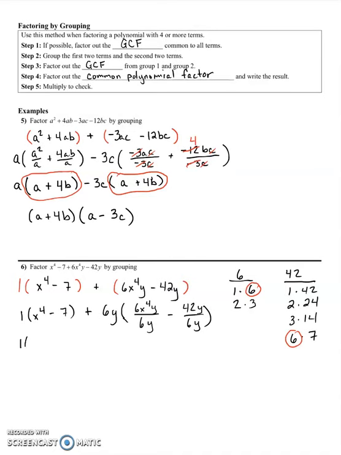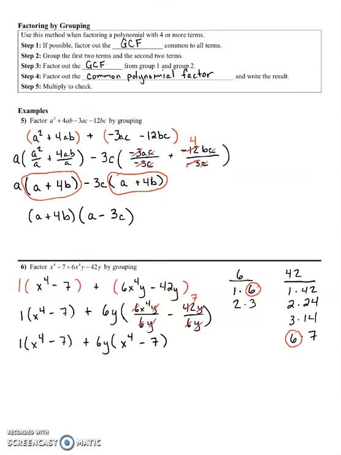Again, we can't do anything to that first term yet. Simplifying in the parentheses in our second term, the 6's cancel, the y's cancel, so that leaves us an x to the fourth from the first term. In the second term, 6 goes into 42 7 times, and the y's cancel, which leaves us with just minus 7.